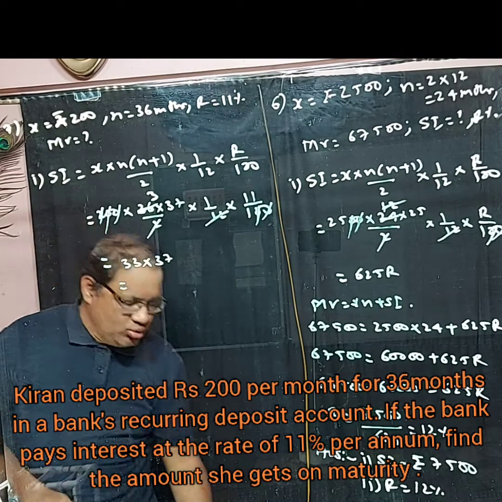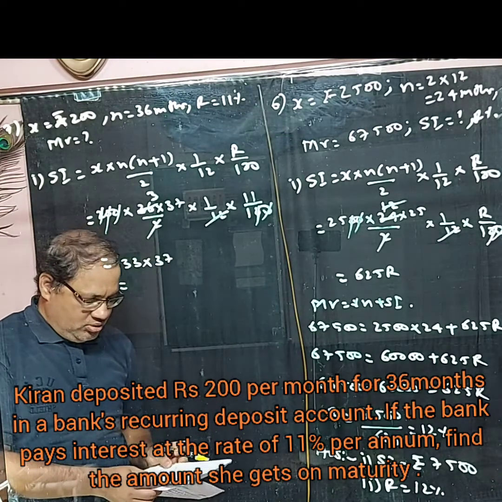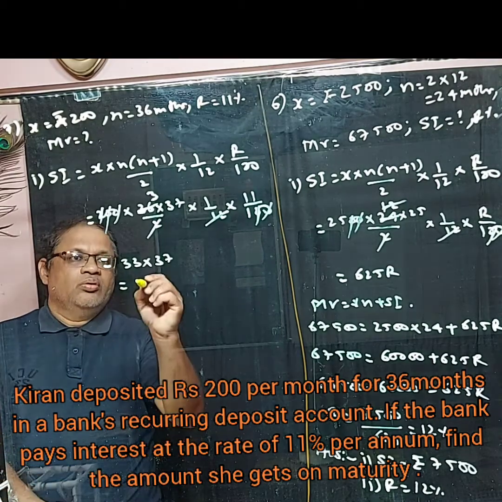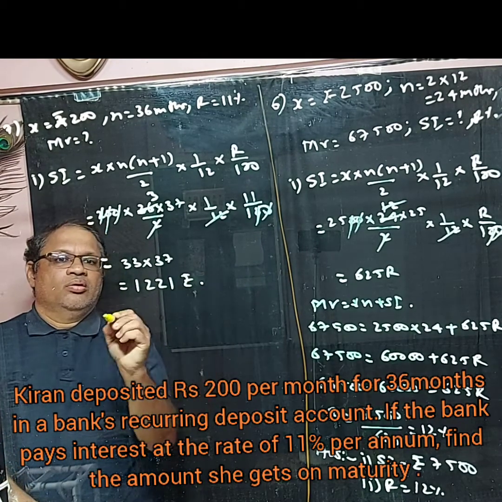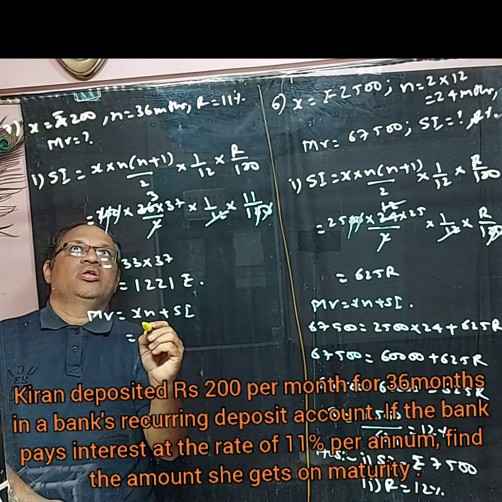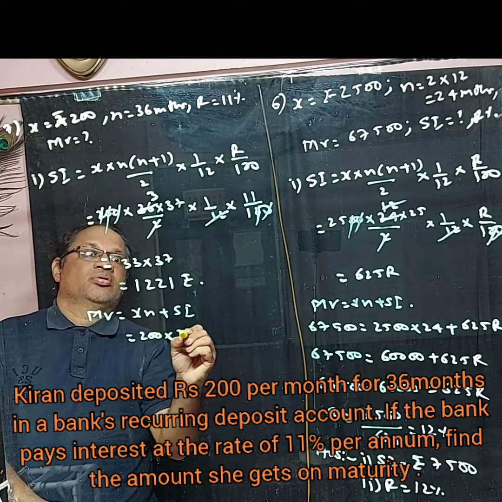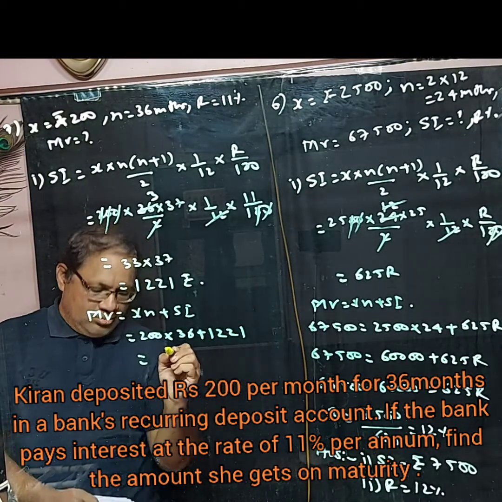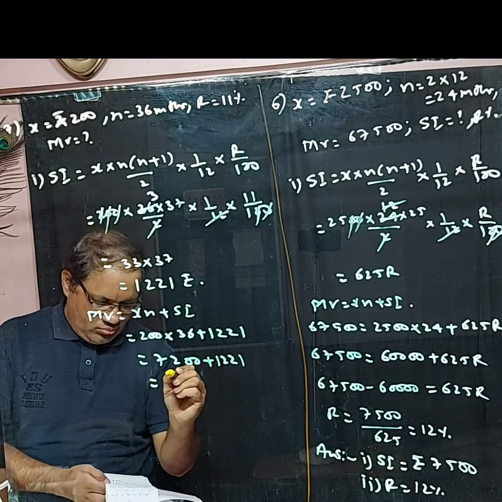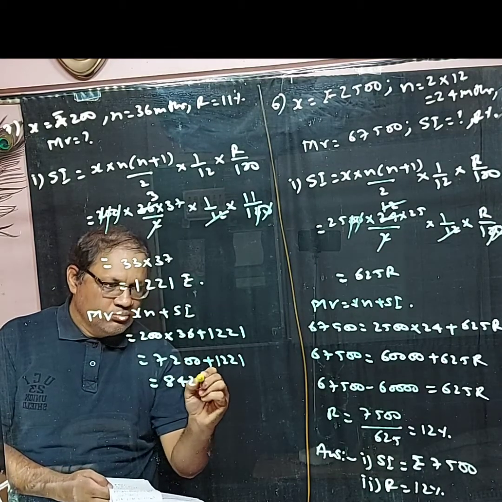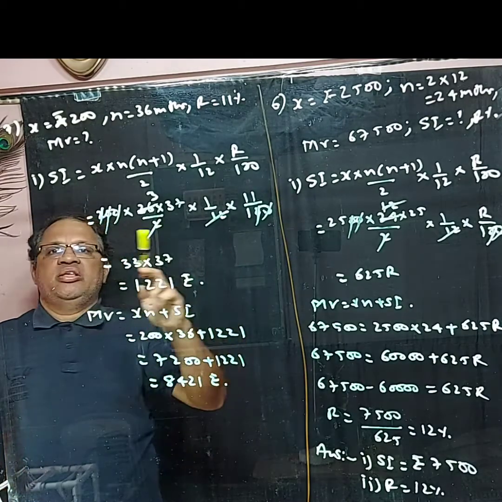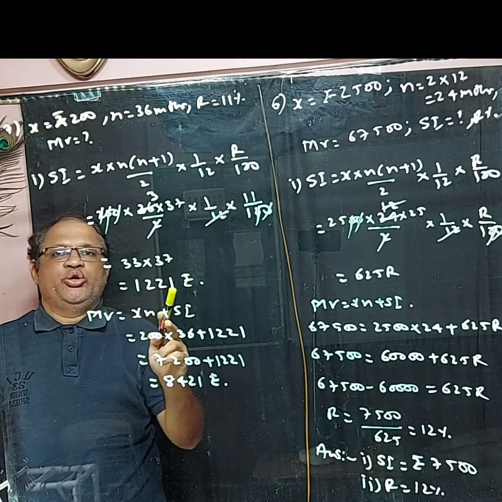So when you solve this out, you get 33 into 37, that is 1221.